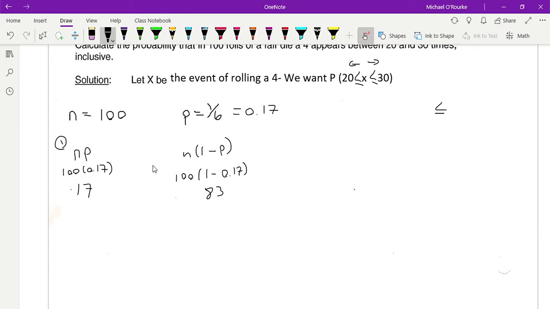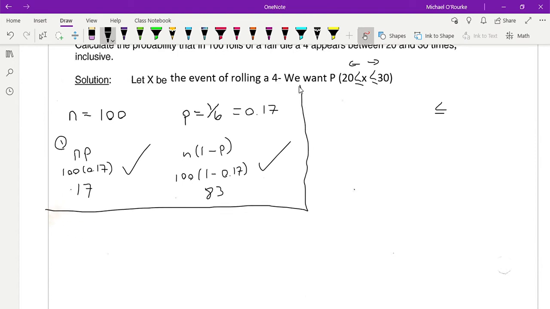Good. Do both our first things check out, that we can go forward? Unfortunately, yes. The second number just has to be greater than the first? No, both of these have to be greater than 5.